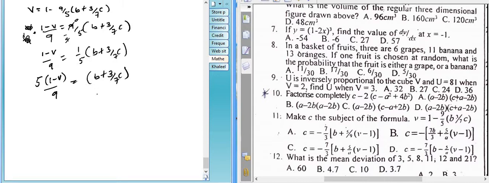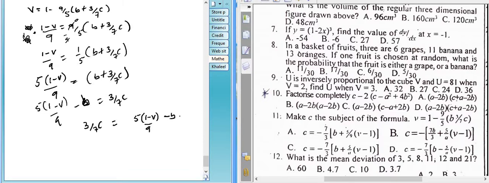Okay, so from here we can also say 5 into 1 minus b all over 9, then minus this b, that is v minus this b, is equal to 3 over 7c. So all we have is 3 over 7c is equal to 5 into 1 minus b, then minus b here, over 9.